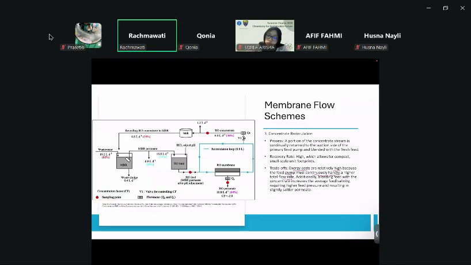And there is also a blending between the fresh feed and the concentrated feed, in which the concentrate will increase the average feed salinity. So it actually adds more work. Thus, it requires higher feed pressure, resulting in slightly saltier permeate.